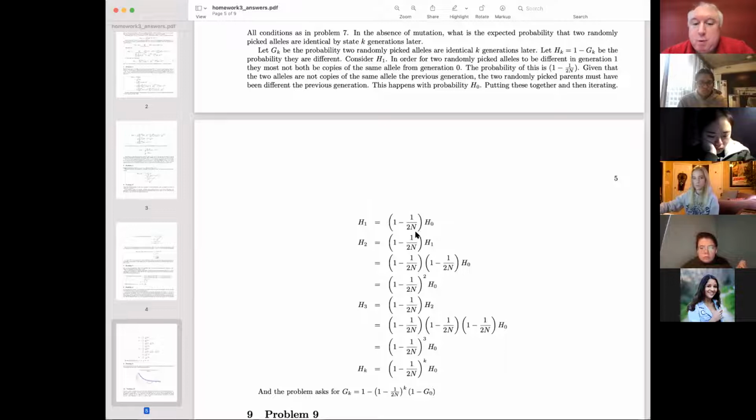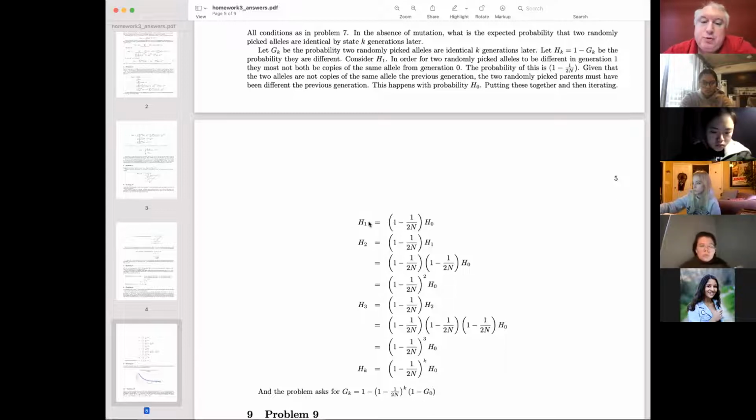With probability 1/2n, two randomly picked alleles this generation come from the same allele the previous generation. They are copies of the same allele from the previous generation, with replacement. And with probability 1 minus 1/2n, they are not copies of the same allele with replacement.